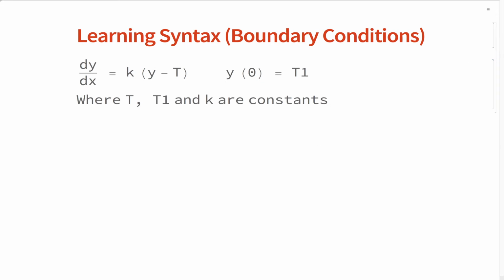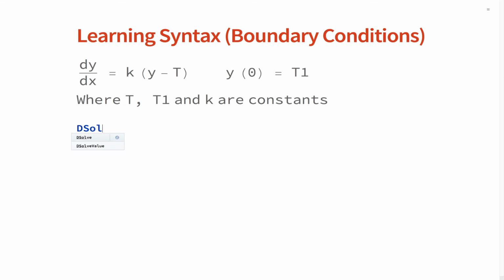Now let's take an example of how to take care of boundary conditions or initial value problems. So for example, this is your equation, dy by dx is equal to k times (y minus T), where capital T, t1 and k are constant, and the initial value y of 0 is equal to t1. Similarly, first let's translate this into Wolfram language.